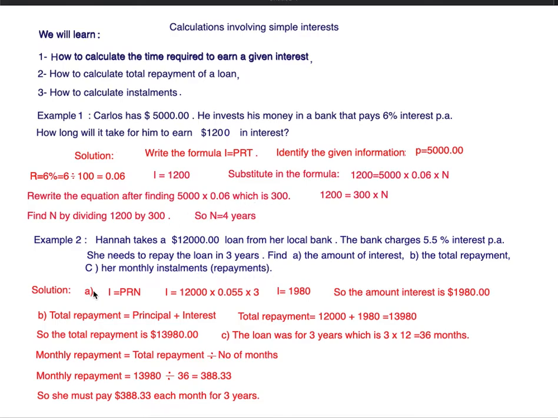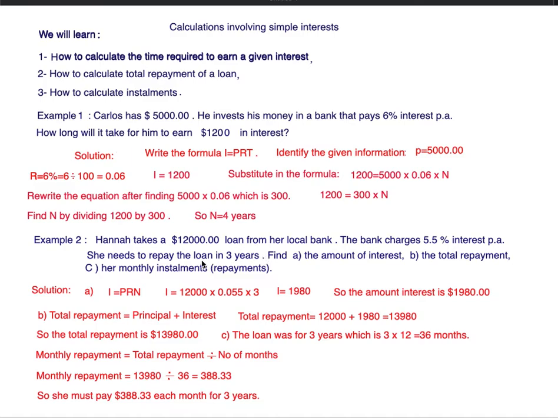All right, again, our first step is to write the formula. I is equal to PRN. We don't know the interest, but we know all the rest. The principal is $12,000 times the rate. Again, the rate is 5.5%. You have to divide it by 100 to get that number.